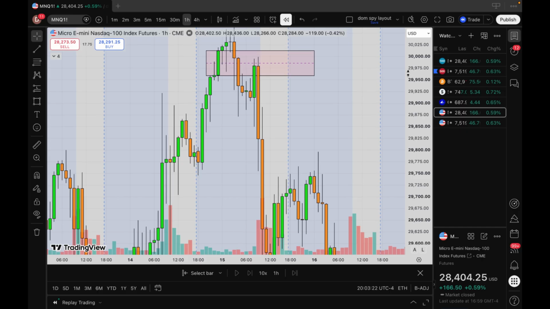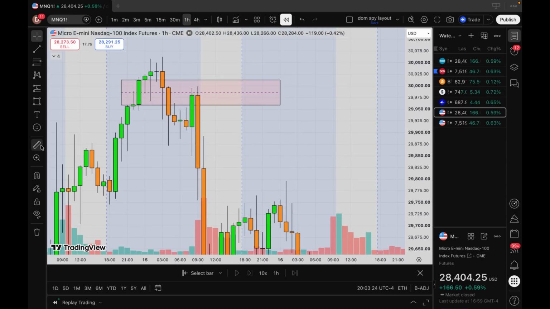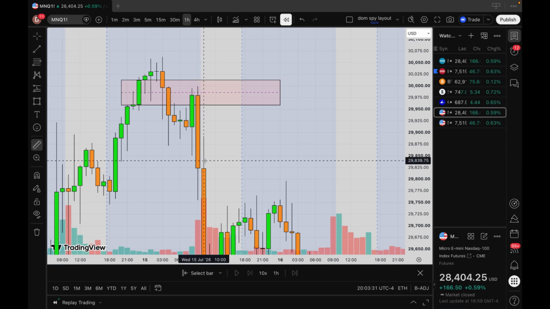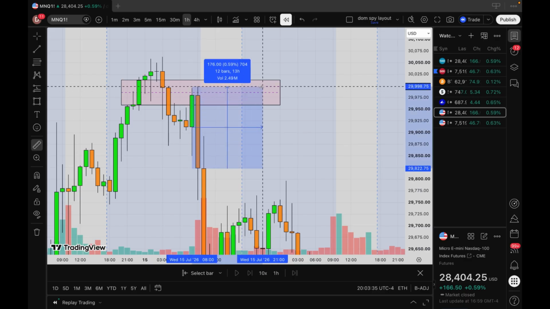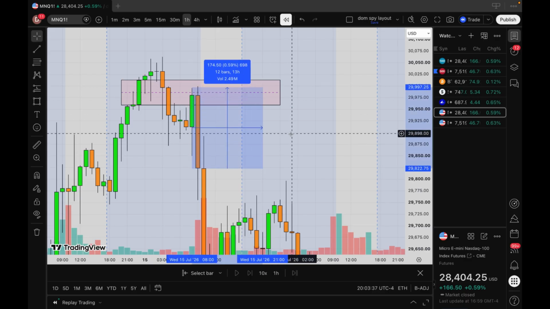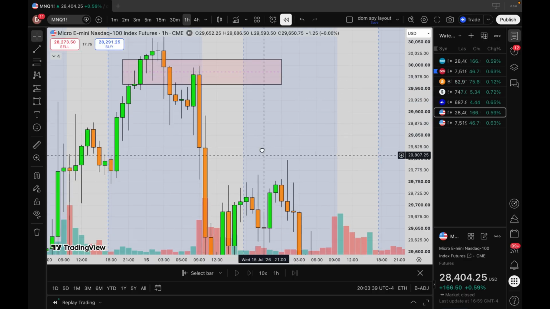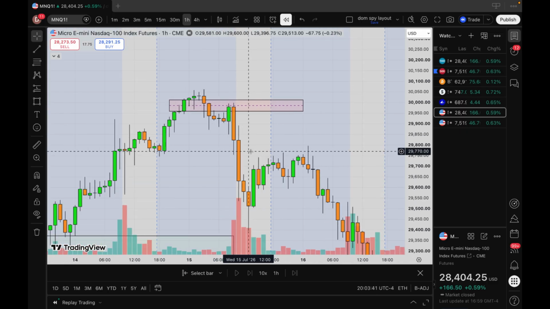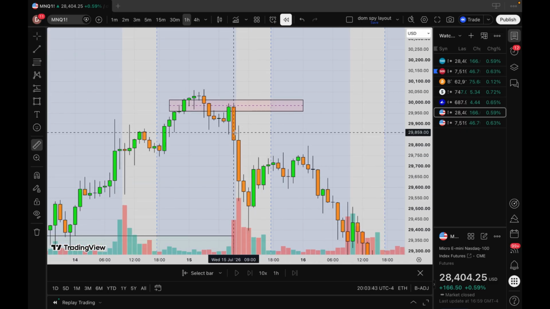Honestly, guys, if you see this order block and then you see this candle rejection, you can put in maybe a half size contract, or you could do 2 mini contracts and just start the day out there.